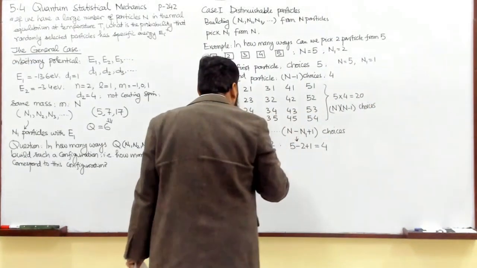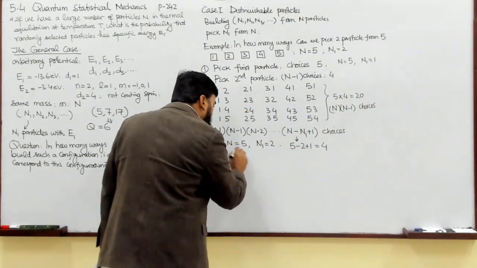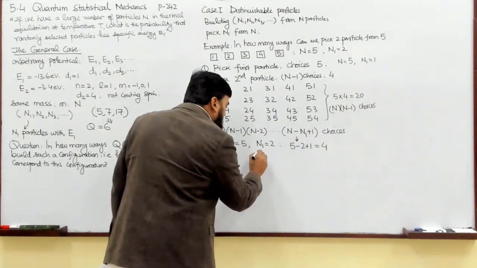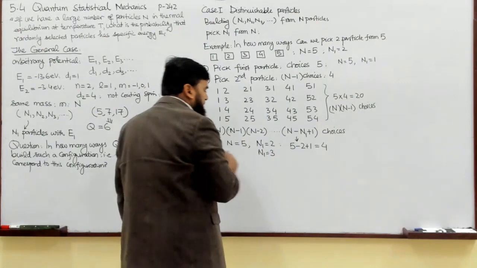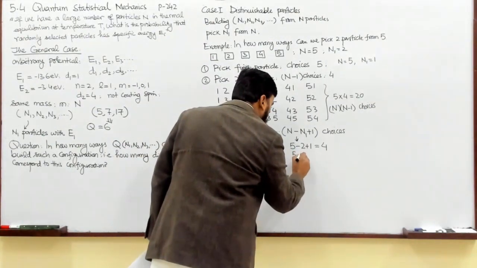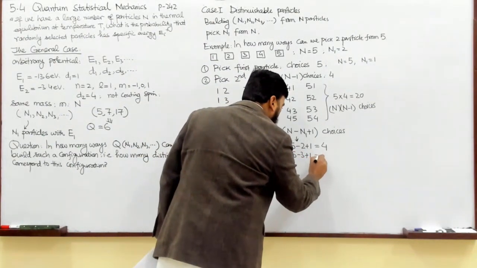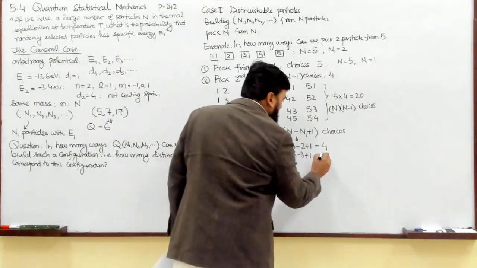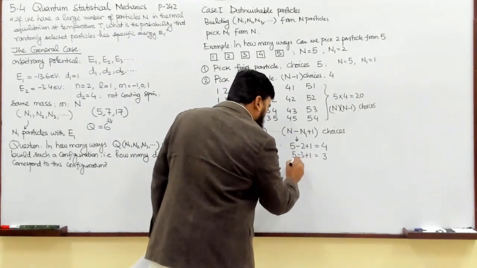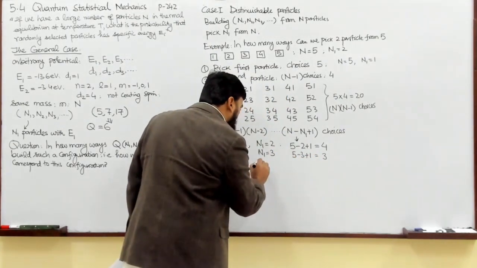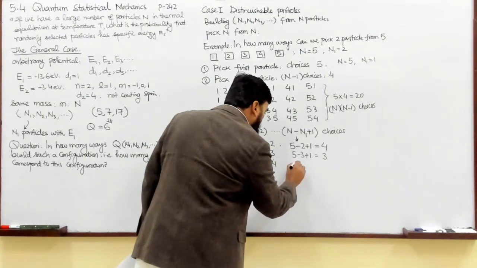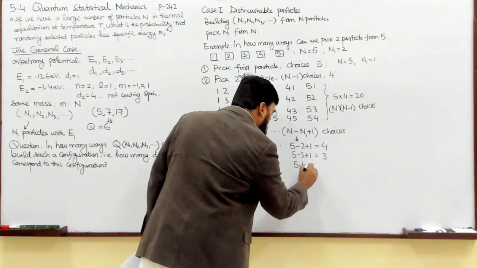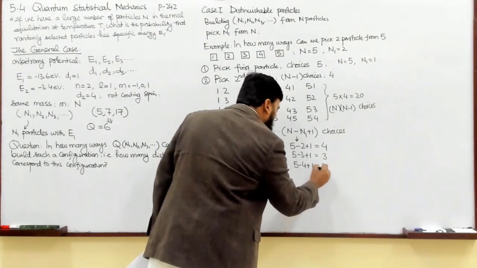If n is 5 and n1 is 3, then 5 minus 3 plus 1 is 3. If n1 is 4, then 5 minus 4 plus 1 is 2.